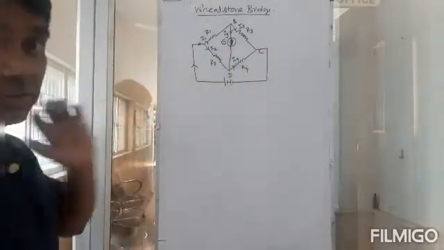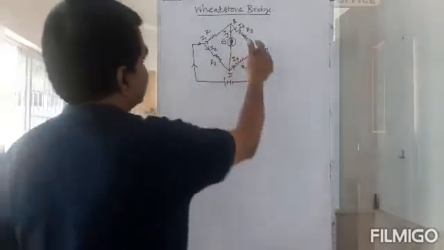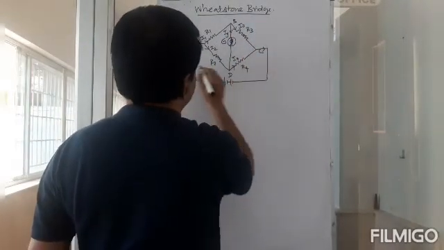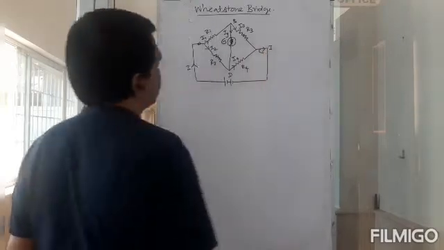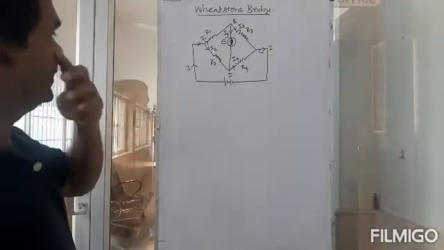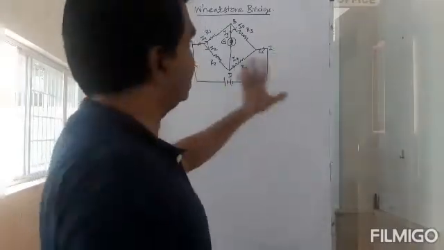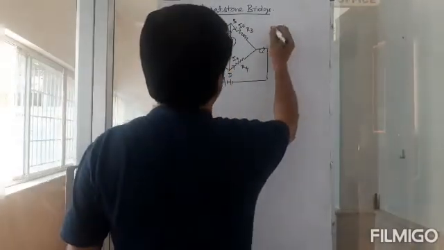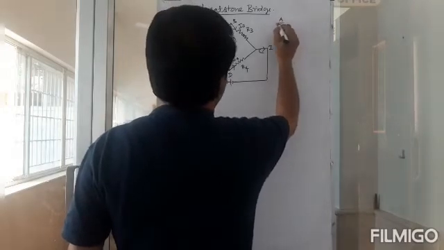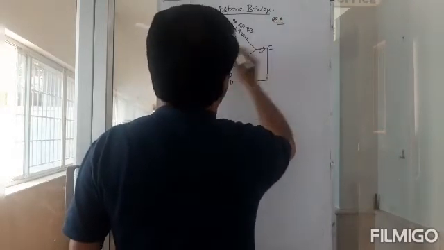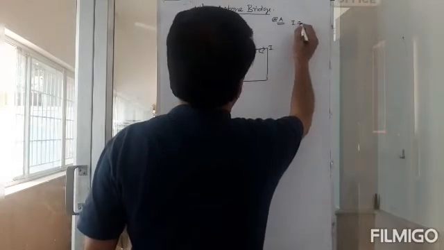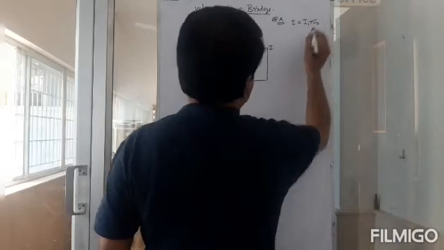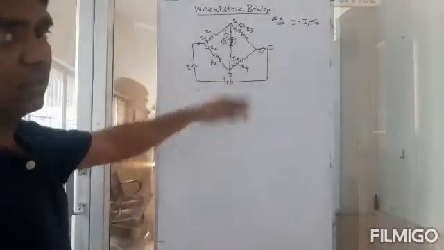I3 plus I4 will again be equal to I. So I can write a few equations. If I take this junction A, then I is equal to I1 plus I2. The amount of current coming in must be equal to the amount of current going out.